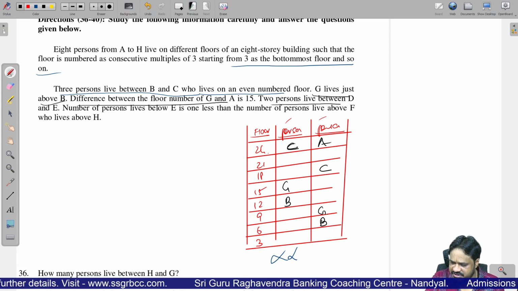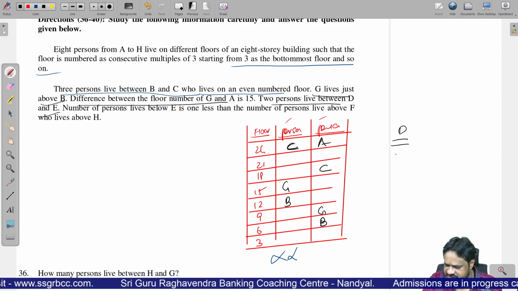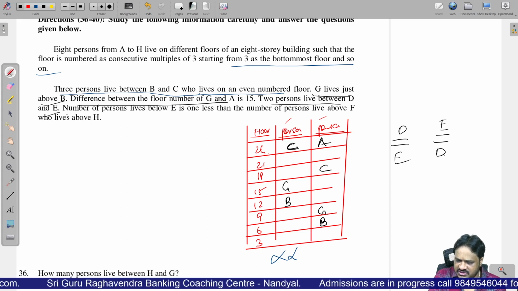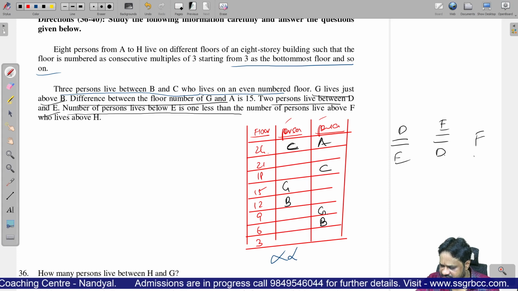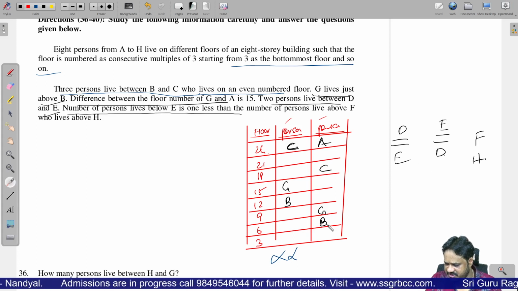There are two persons between D and E. It can be like this or it can be like this also. Number of persons living below E is 1 less than the number of persons living above F. F is living above H. Now we have to place this arrangement here.